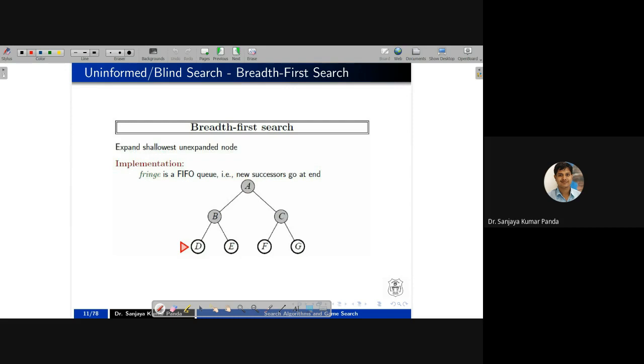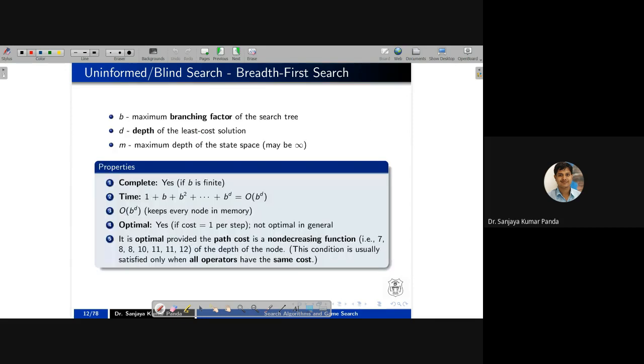Now, if I evaluate the performance, I told you there are 4 search strategy measures: time complexity, space complexity, completeness, and optimality. Before defining these, let us take some variables. B is called the maximum branching factor. What do you mean by branching factor?